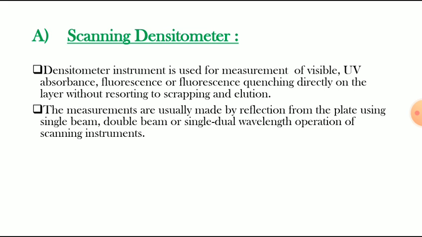Suppose when we pass the light or radiation source, the sample component will absorb that UV light, or the sample component emits a particular fluorescence that we can directly observe with the help of this scanning densitometer.